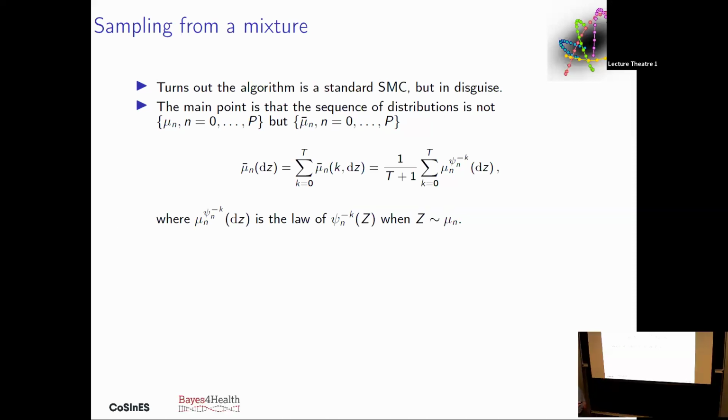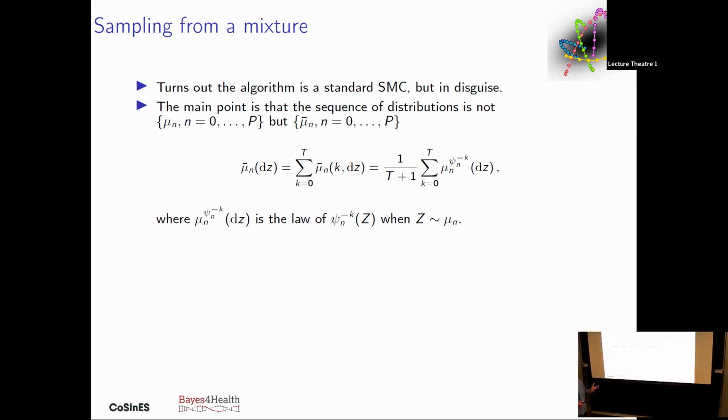And so we've got this strange symbol here, and it's very easy to remember what it means. It's the distribution of the transform of a sample that is distributed according to mu n. Okay, so it's a push forward, if you like. And here, actually, a push backward, if you take into account the minus k, right?